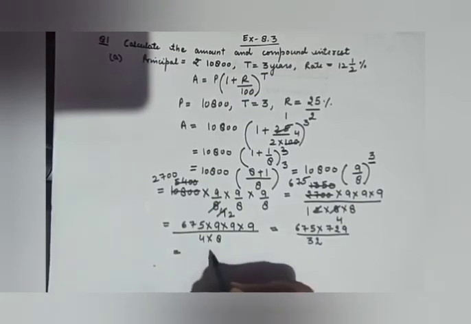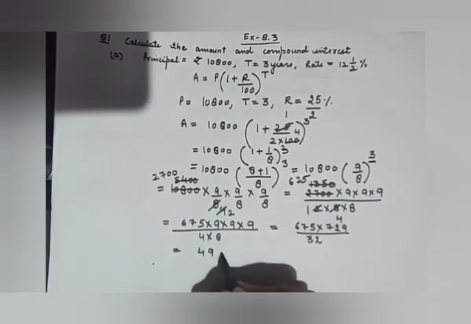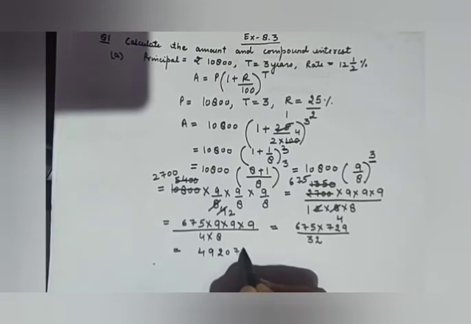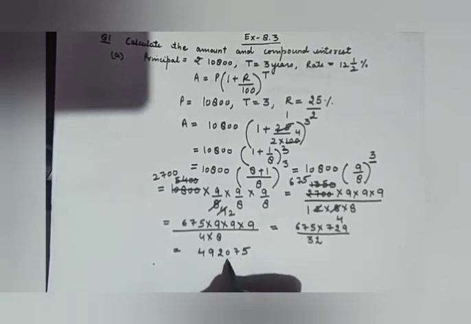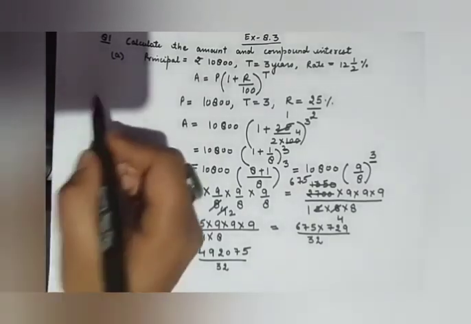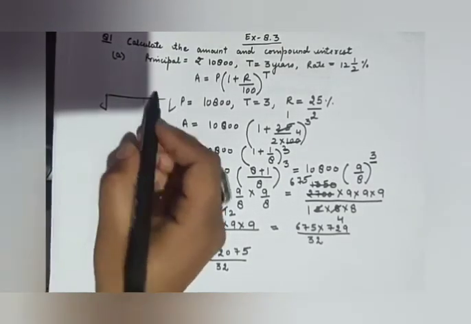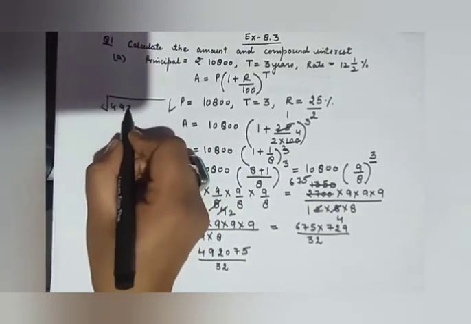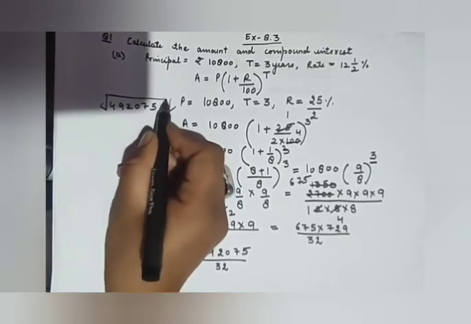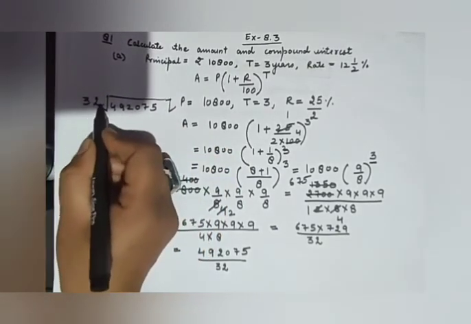Whenever I multiply both these terms, I will be getting 492075 here, and I have to divide it by 32. Okay students, so when I divide 492075 by 32, how much will I get?